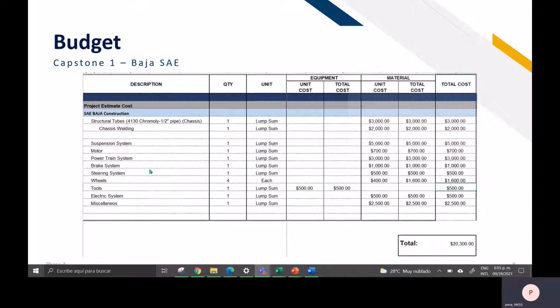Tools for work in the SAE Baja, $500. Electric system, $500. Miscellaneous, $2,500. The total estimate for this Baja construction is $20,300. This is the total estimate.